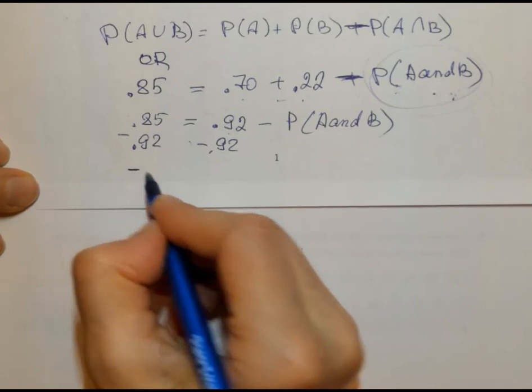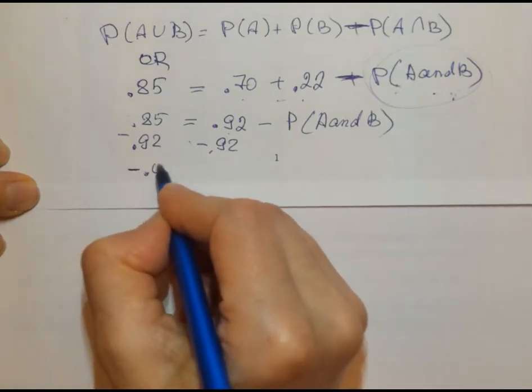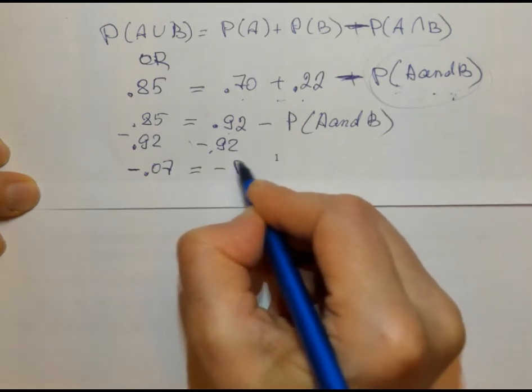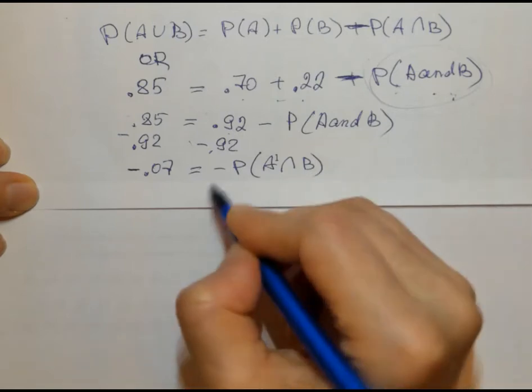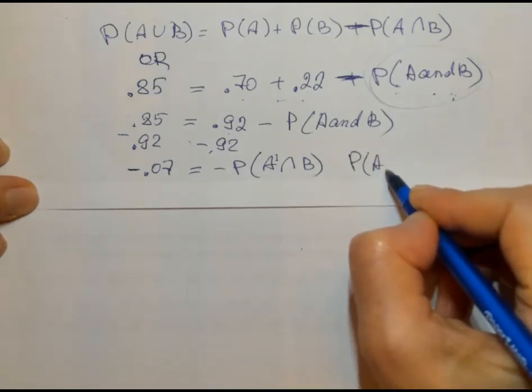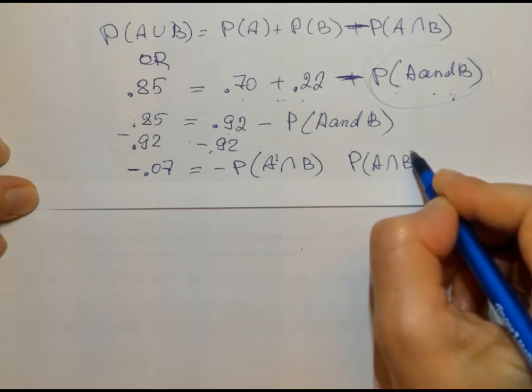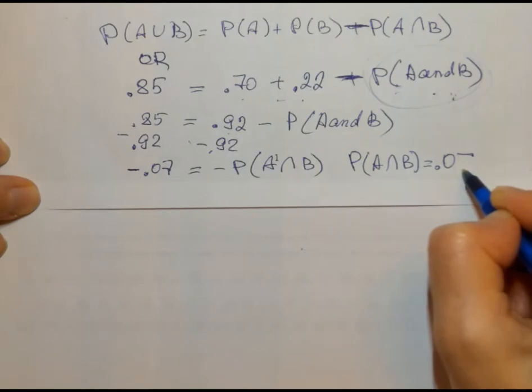We'll get negative 0.07 equals negative probability of intersection A and B. Multiplied by -1, then probability of A and B equals 0.07.